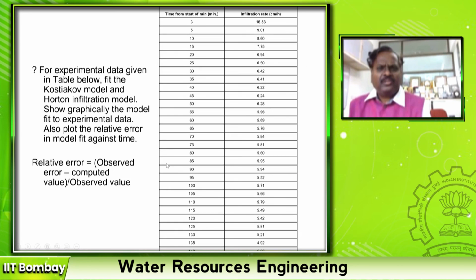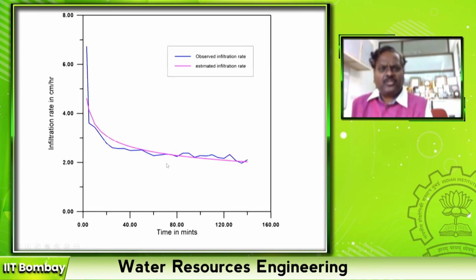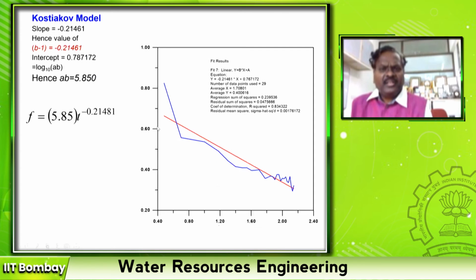Otherwise, you can directly plot in a log sheet also, no problem, right? Then plot the slope of this curve. Slope of this curve is equal to b minus 1, and where it intercepts for 0 time period, that will give you the value of log AB. Anti-log will give you the AB value.